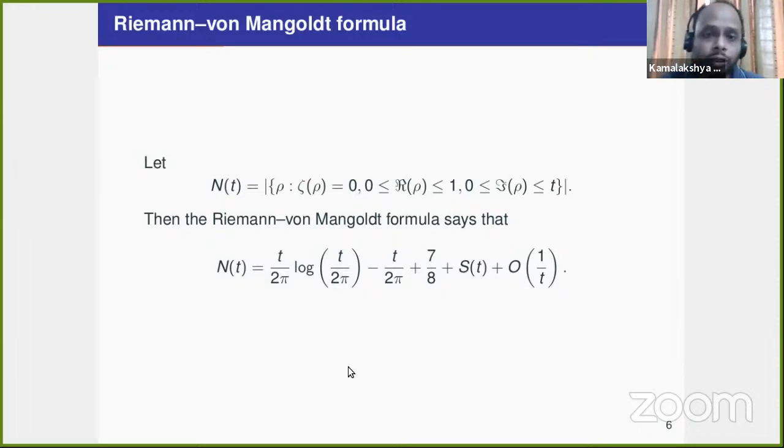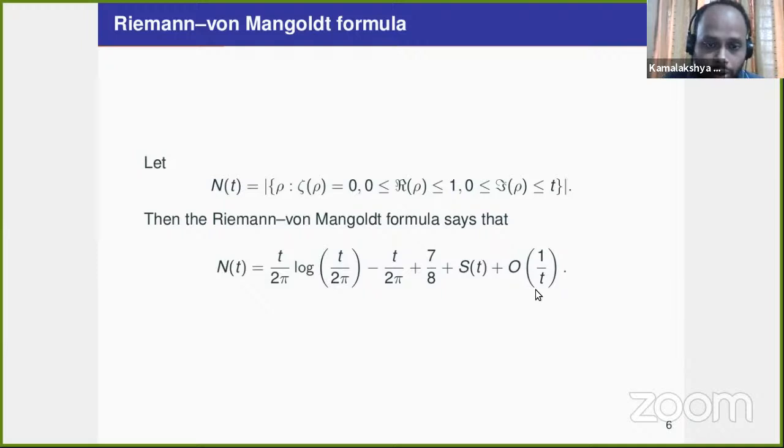So N(t) denotes the non-trivial zeros in the critical strip whose imaginary part is between 0 and t, so its height is at most t, and we count all these zeros. We say N(t). Then N(t) has such a formula.